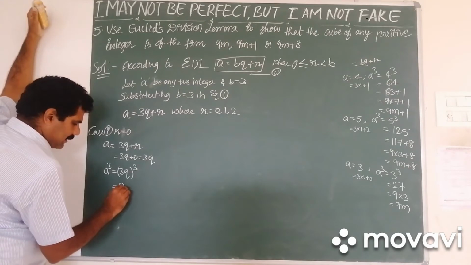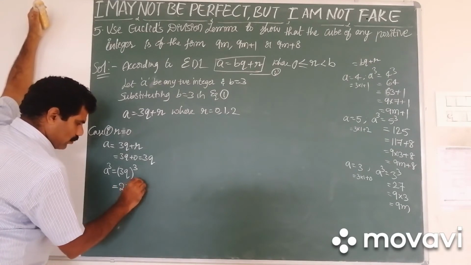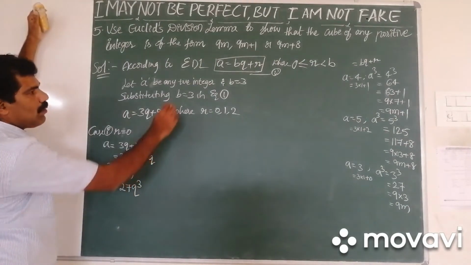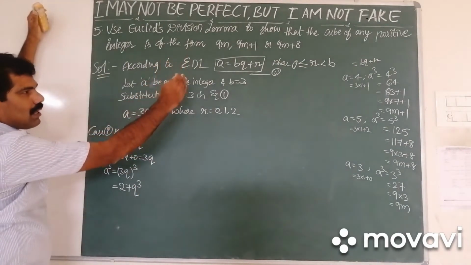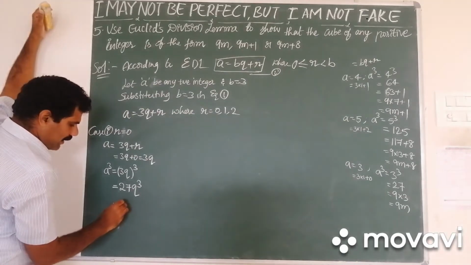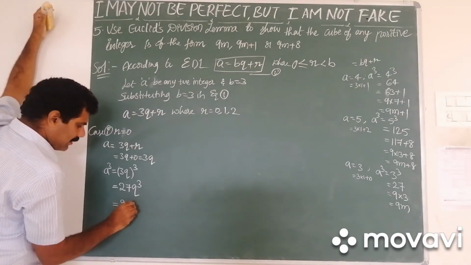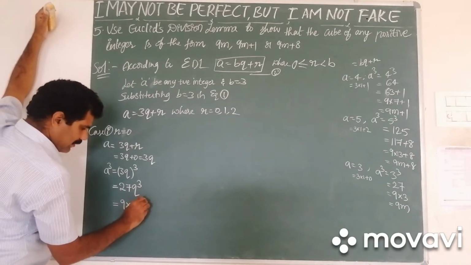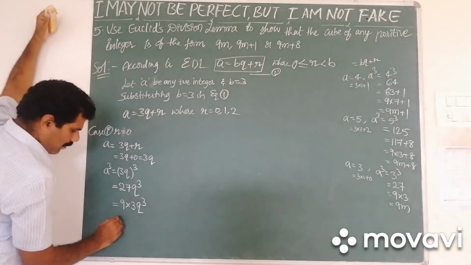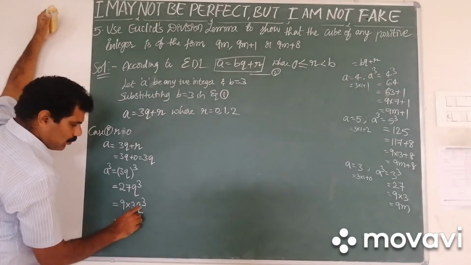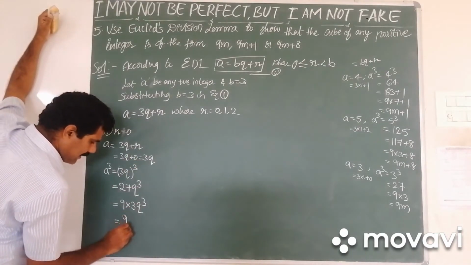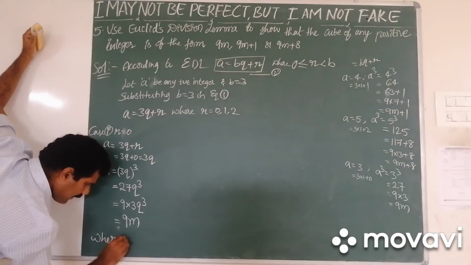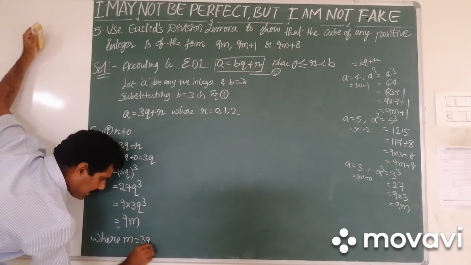This can be written as 27q cube. But actually we have to show it in the form of either 9m or 9m plus 1 or 9m plus 8. So this can be written as 9 into 3q cube. So now I can write this as 9m, where m is equal to 3q cube.